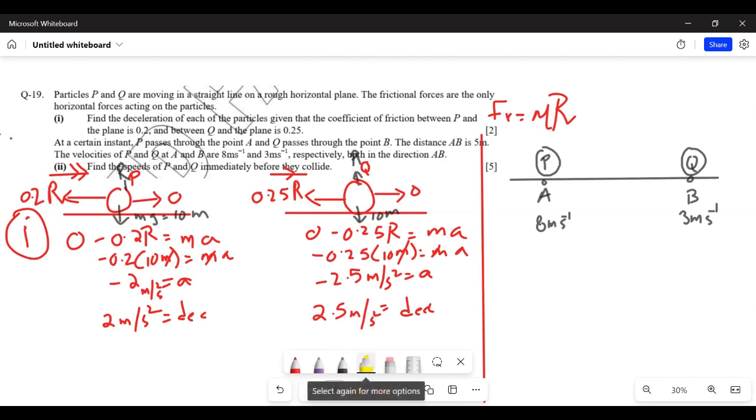The distance between these two points is 5 meters. And both are moving in the direction of AB. That means both are moving forward in this direction.